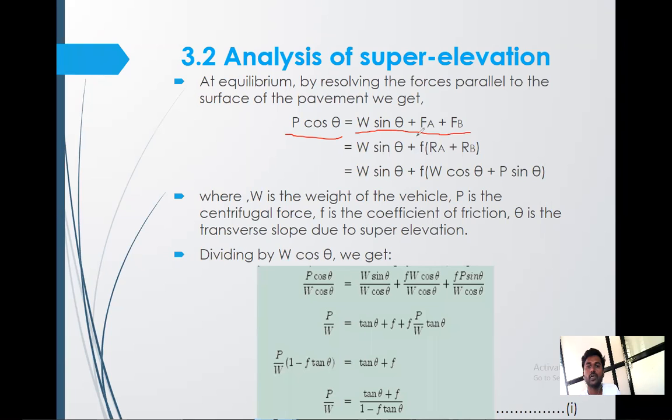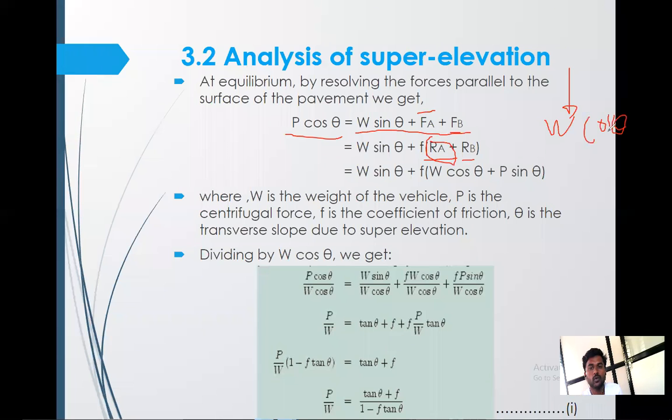Now we will find FA. What is FA? The friction force at tire A is F into RA, and the frictional force at tire B is F into RB. And what is RA? It is nothing but the force component of W, that is W cos theta.